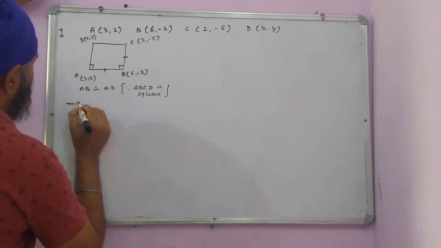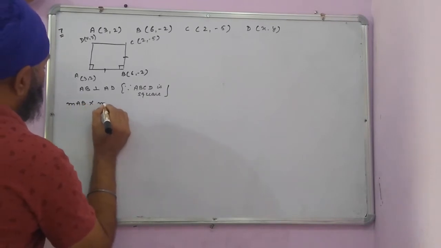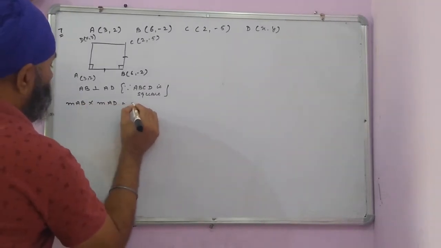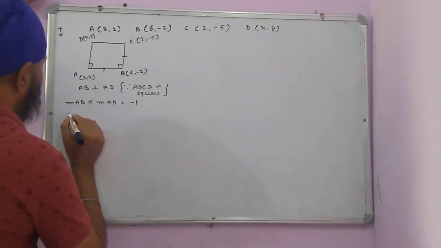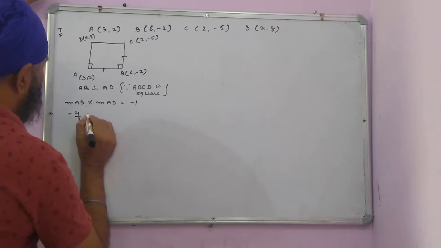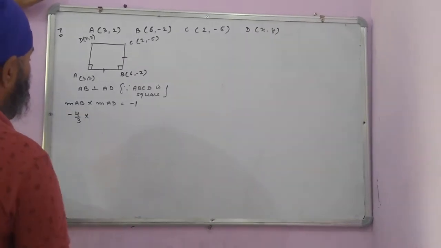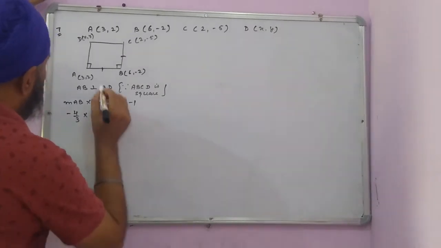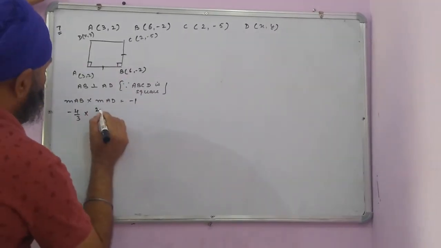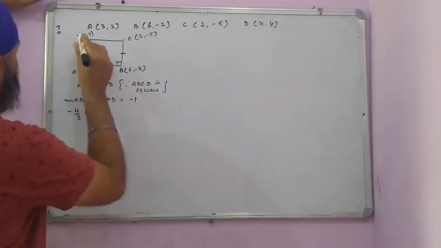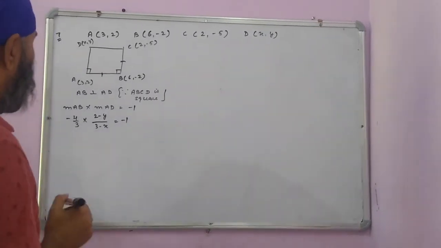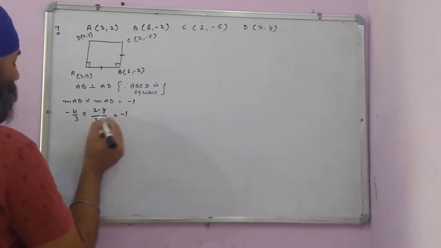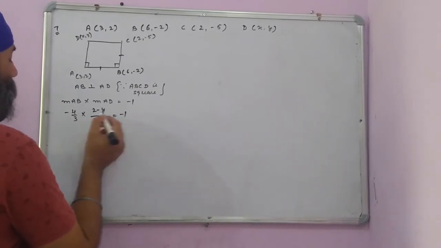It means m_AB times m_AD is equal to minus 1. What is m_AB? We calculated it as minus 4 upon 3. What is m_AD? That we have to find: (2 minus y) upon (3 minus x) is equal to minus 1 times minus 3 upon 4 when it goes to the right hand side.